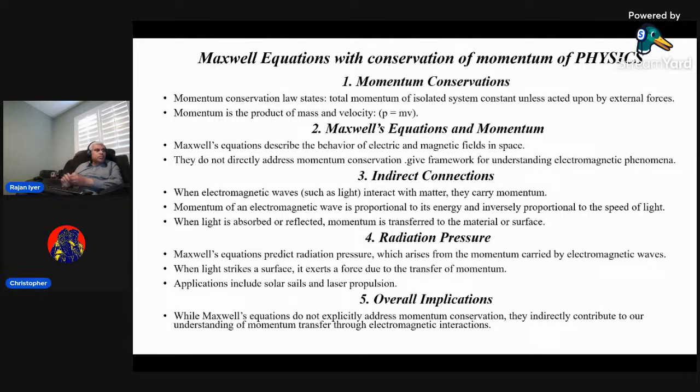However, the Maxwell equations say that momentum transfer occurs. So that is electromagnetic interaction. That is something that is in place of the actual momentum conservation. This will serve as the closest way to understand conservation of momentum.